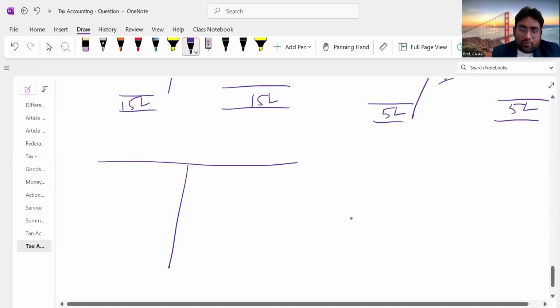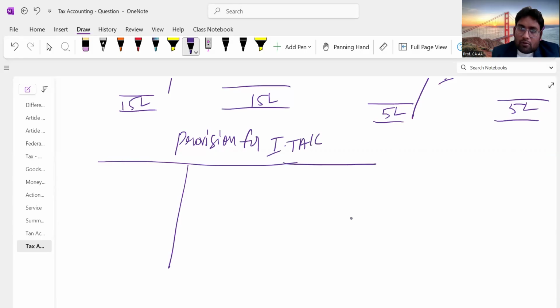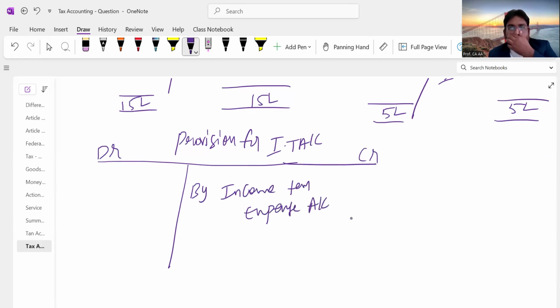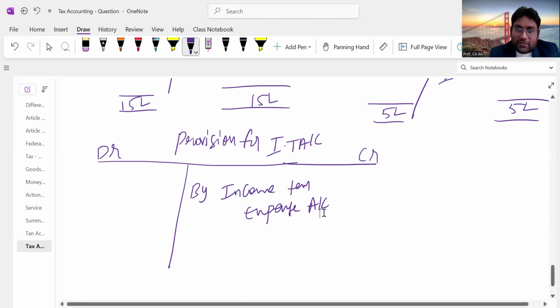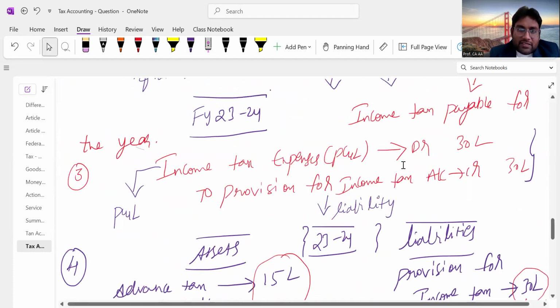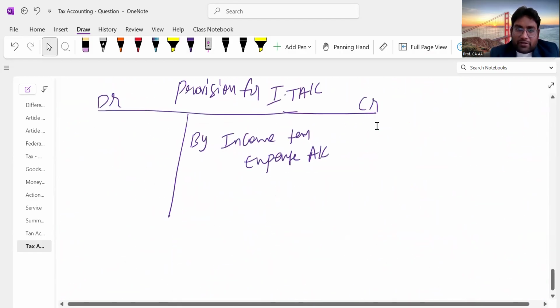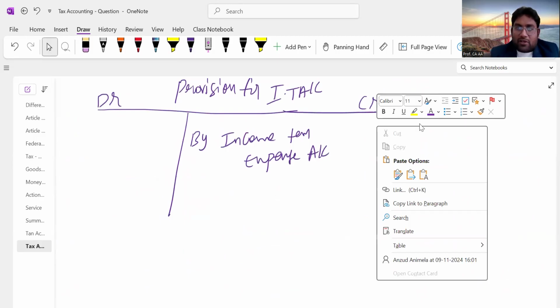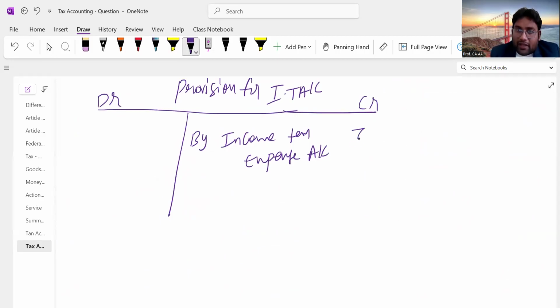Now what is the last account? The provision for income tax account, credit by income tax expense account or profit and loss account. Anyway, that income tax expense eventually has to go to the profit and loss account, which I will show you. This income tax expense, the year's liability, is 30 lakhs.